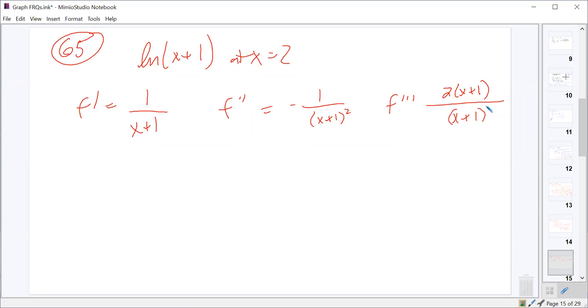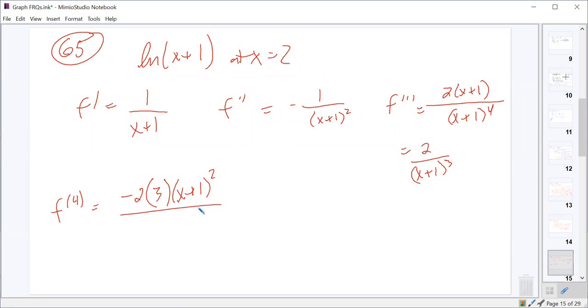So it's x plus 1 to the 4th, which becomes 2 over x plus 1 cubed. The fourth derivative should be the opposite of 2 times 3 times x plus 1 squared over x plus 1 to the 6th, which should be negative 6 over x plus 1 to the 4th.